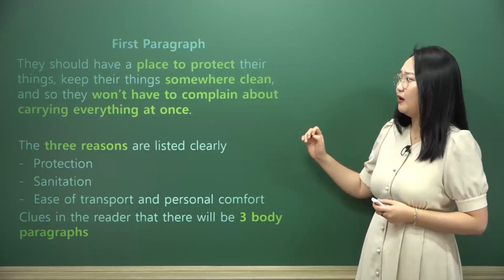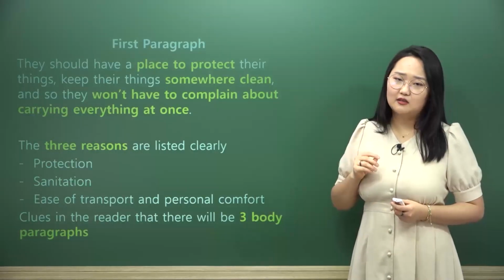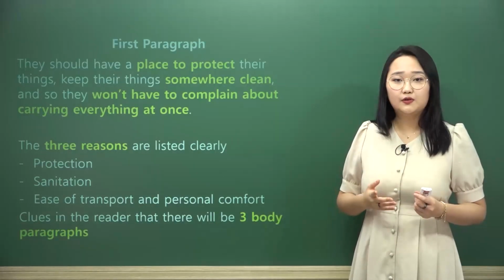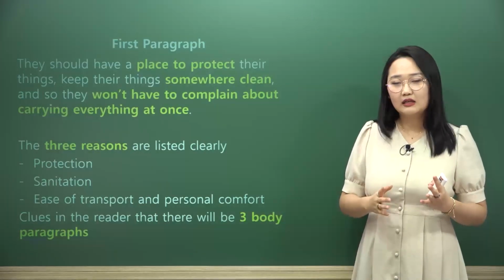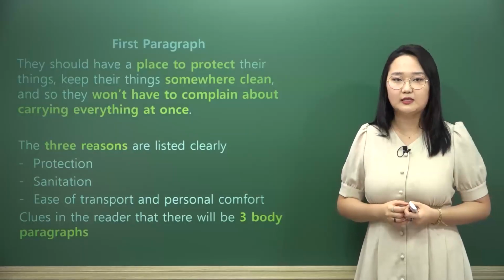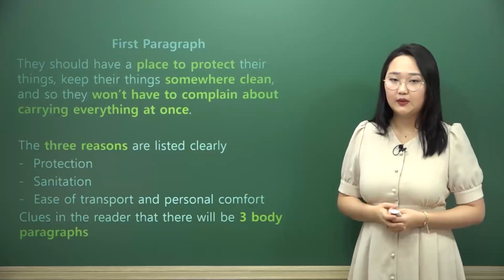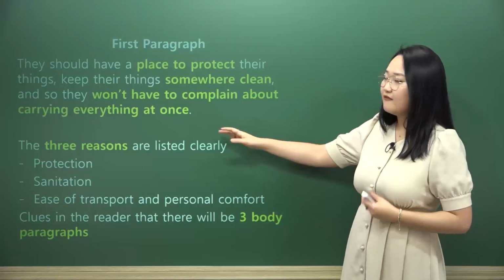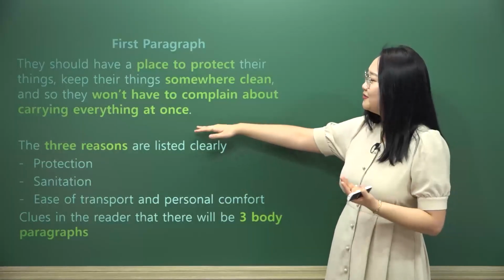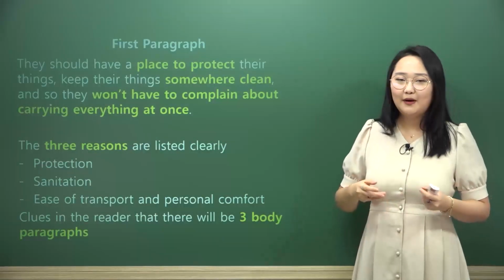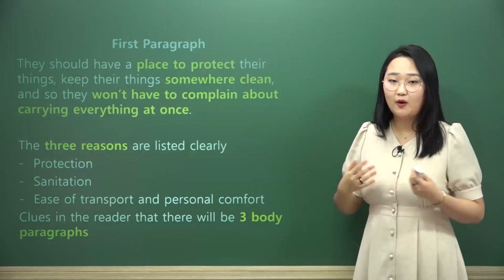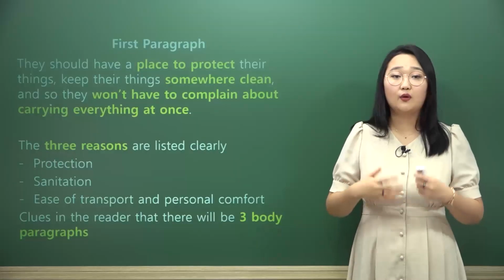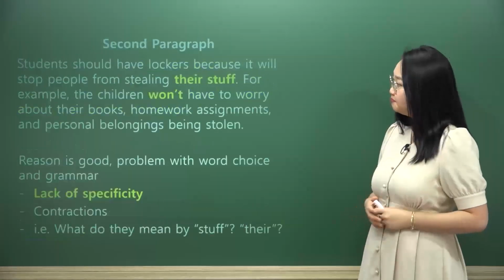Also, a little note that I want to mention: they use the word things a lot in this essay, and I want to remind you again that using the word things is okay in certain contexts, but most of the time we want to be as specific as possible, which this writer is not doing at this moment. They also have a colloquial tone, using contractions in this area, but otherwise this is a perfectly okay way to list their reasons for why they want lockers in their school.